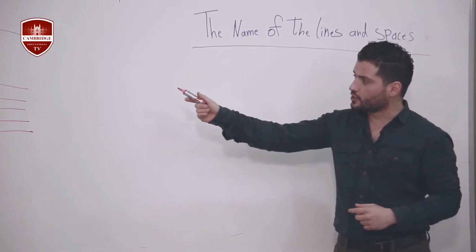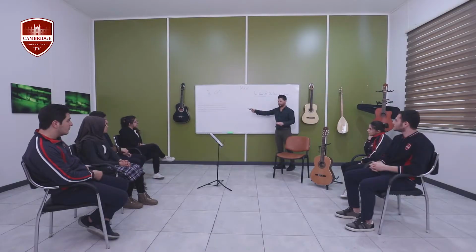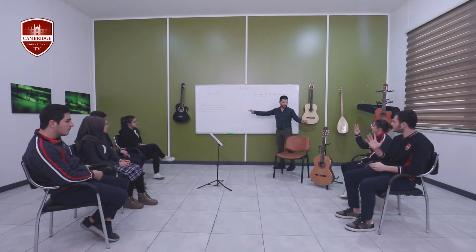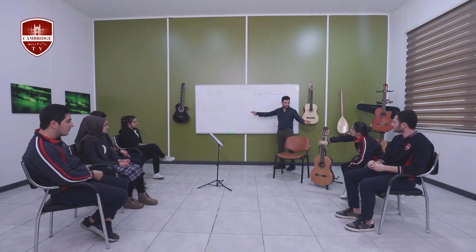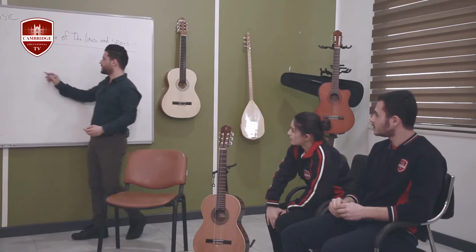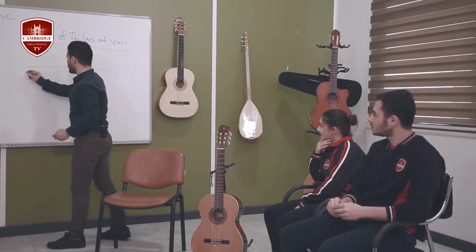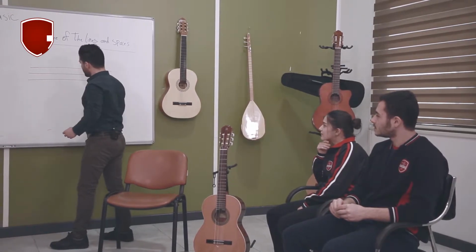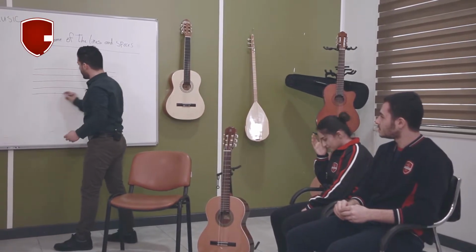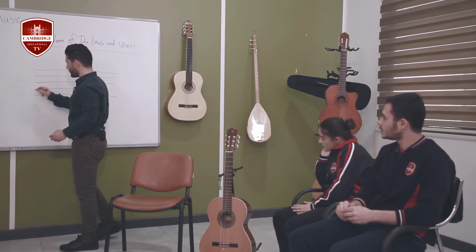So now I'm going to use the treble clef on the staff. Remember, how many lines and spaces do we have? Exactly, we have 5 lines and 4 spaces.